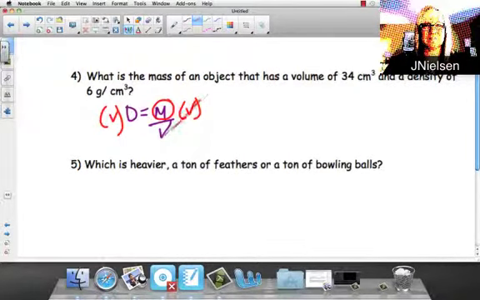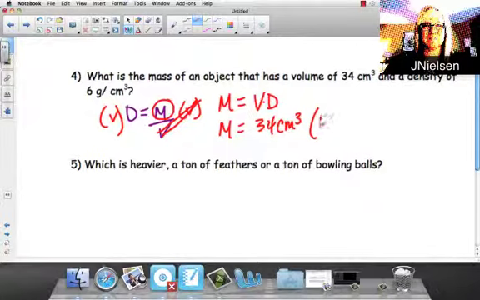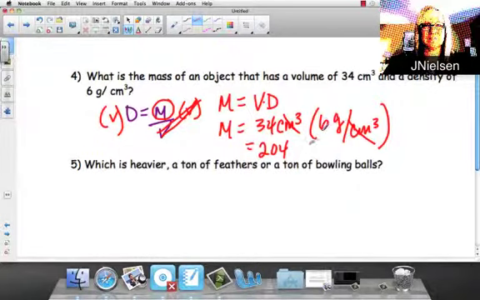These cancel. So m equals v times d. So that means mass equals 34 cm cubed times 6 grams per cm cubed. My cm cubes cancel. 34 times 6 gives me 204, and my grams are my unit.